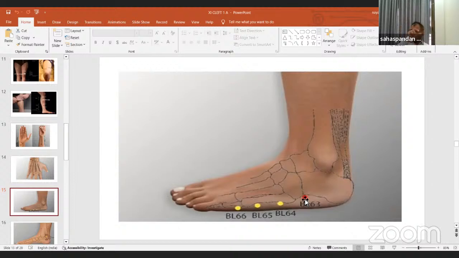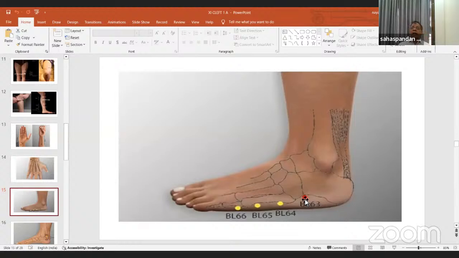So try this point, apply this point. In rheumatism arthritis, there is intense pain due to painful obstruction.